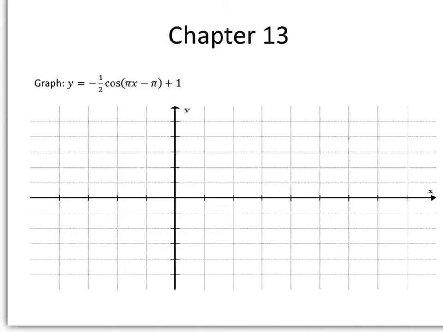Many of us are still having problems with graphing. So to start this, I'm going to call your attention to the fact that this is existing here. We need to factor pi out of these parentheses in order to calculate the period of this graph. So what we will do is we will start by rewriting the equation.